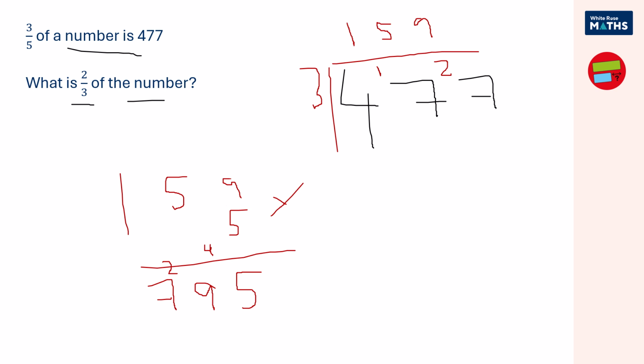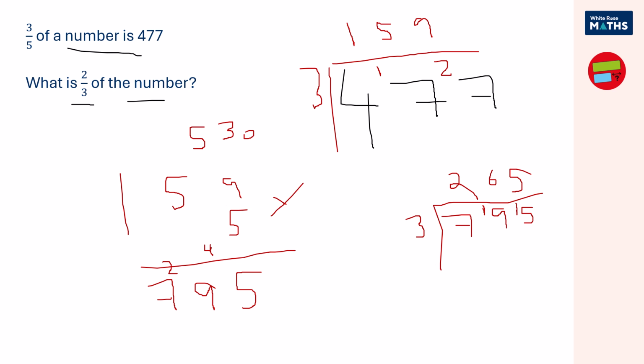Now I'm going to work out 2/3 of this number. So 795 divided by 3 and then times it by 2. 3s into 7 go twice with a remainder of 1. 3s into 19 goes 6 times with a remainder of 1. 3s into 15 go 5 times. And I'm going to double that. That'll be 130, that'll be 400, so it's going to be 530, if I'm not mistaken.